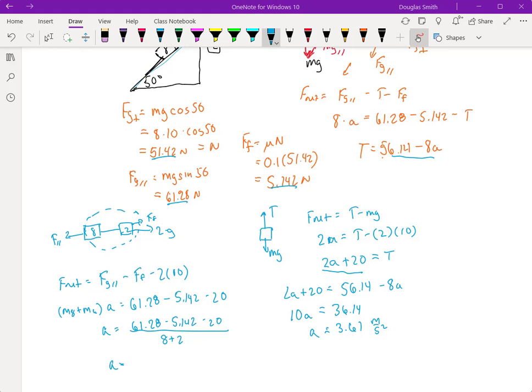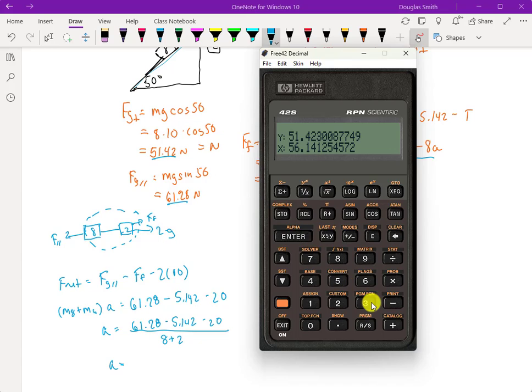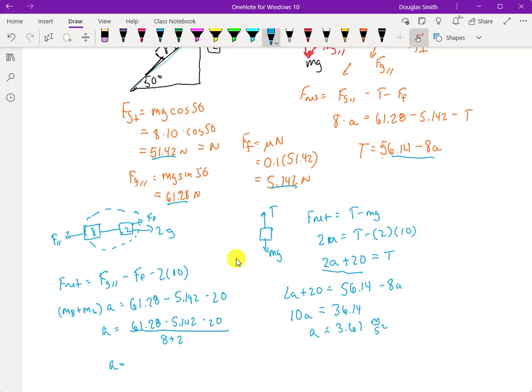And I'm pretty sure we're going to get the same answer as before. So 61.28 minus 5.142 minus 20, divided by 10, 3.61. Same. There you go. And then once again, you could use the acceleration in this equation to get the tension. Alrighty, good luck.